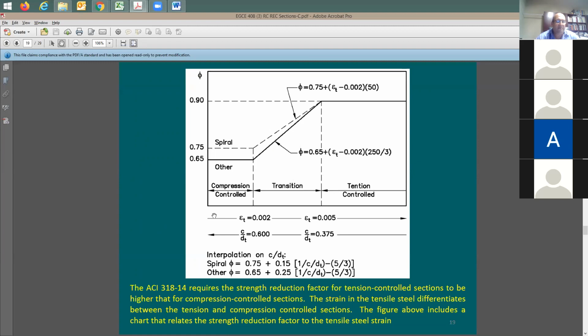The limit in the tension steel in terms of strain for the compression controlled is 0.002. So at this point, the steel is yielding. When the steel starts to yield, it's the point at which you're leaving the compression control to the transition zone. Once you reach 0.005, now we're in the tension control.